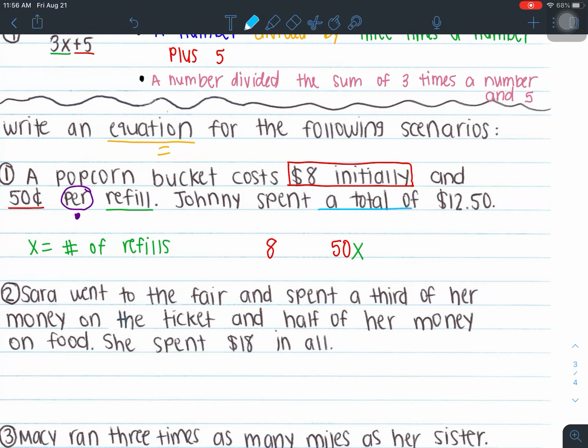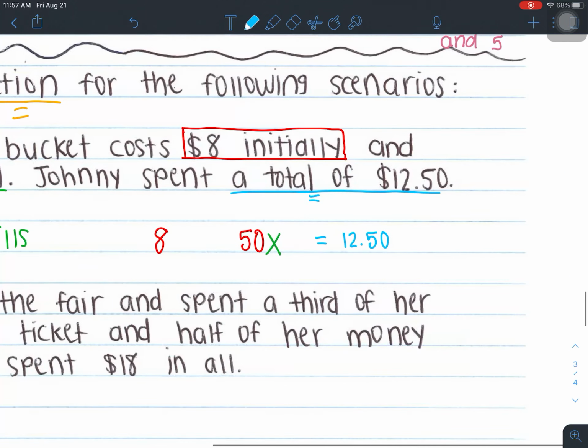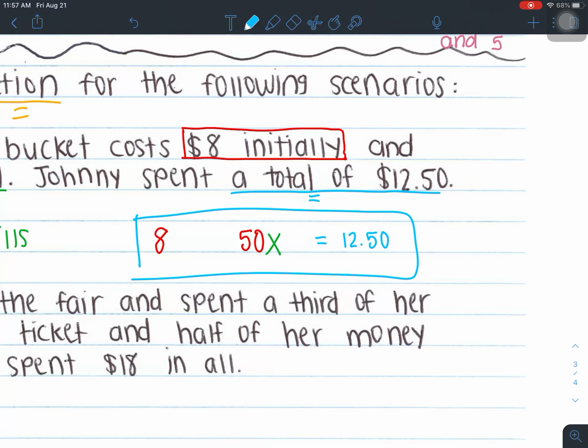And then I know he spent a total of $12.50, which means I have an equal sign here. Equals $12.50. Okay, well, is this my answer? It looks like I'm missing something, right? Doesn't make any sense. So I know it costs $8 for that popcorn bucket, and it's going to cost 50 cents for each of those refills.